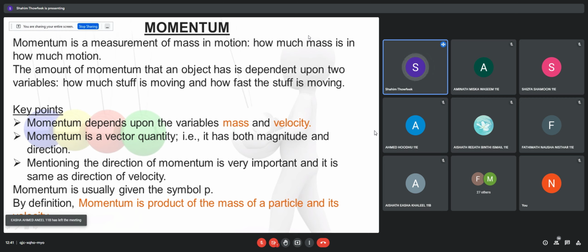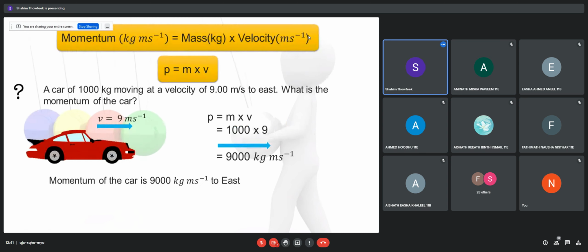You can find the magnitude there and you have to mention the direction of momentum. Usually the symbol we are using is P. Sometimes they may use any symbol, but you should know momentum and its definition exactly. Momentum is equal to mass into velocity.